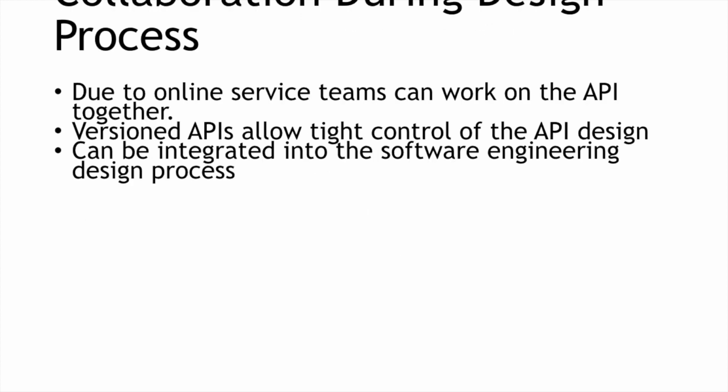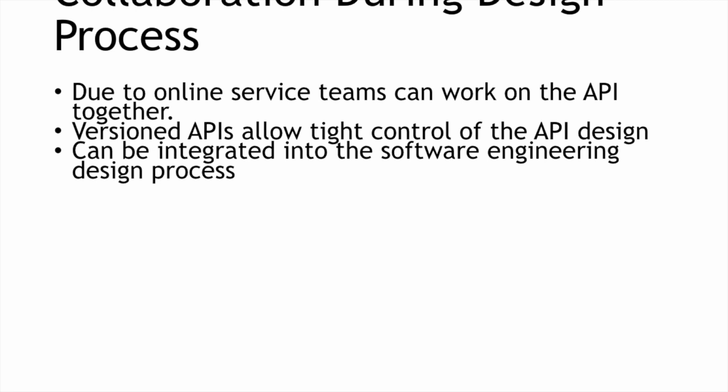The collaboration during the design process, we already pointed out, we can work with teams that work together on the API design process. Thus, we are solidifying the design, and we verify with many people that the design actually does work.